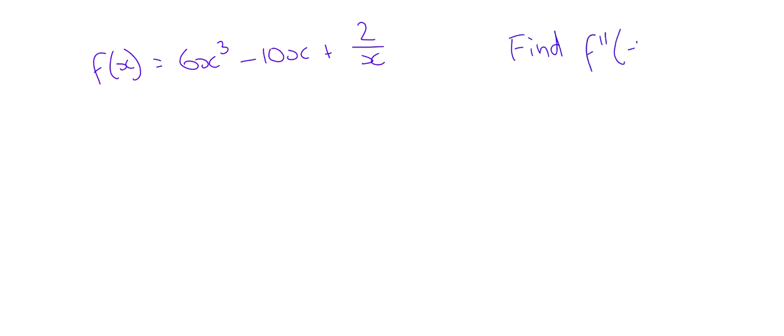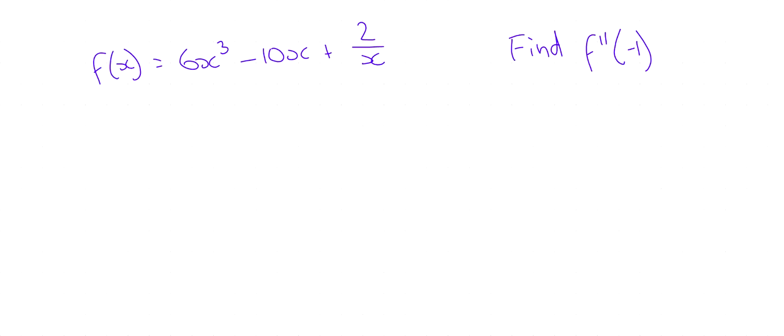If f of x is 6x cubed minus 10x plus 2 over x, then I'm going to say find f double prime of negative 1. I'm going to find the second derivative, and then when I've done that, I'm going to make x equal -1 and find my value. So what should I do first before I try and derive this?